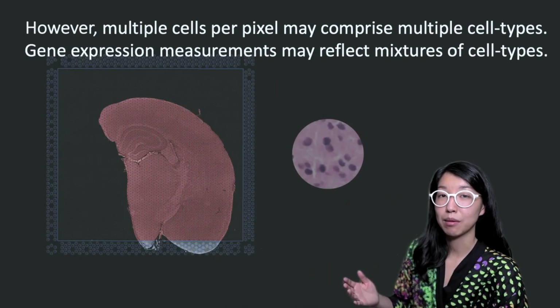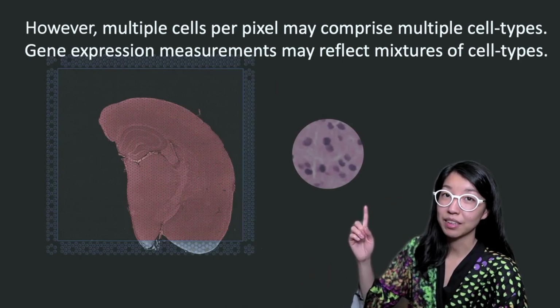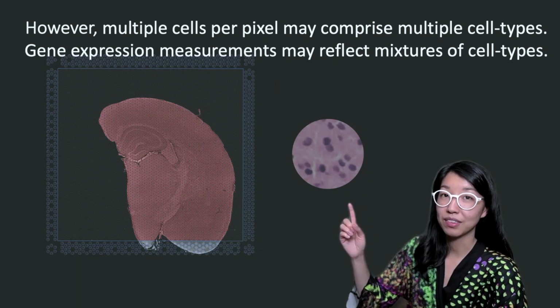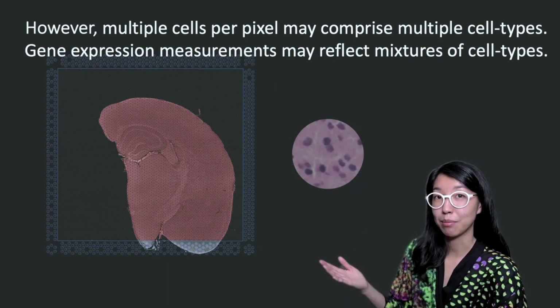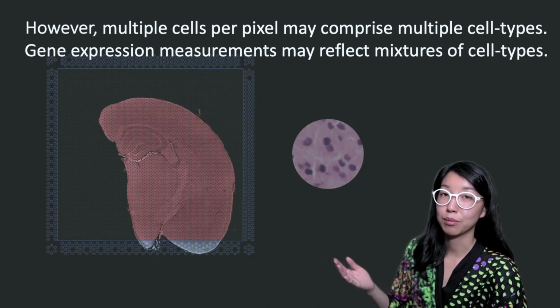However, it's worth keeping in mind that each spatially resolved pixel may contain multiple cells, and as a result, these cells may comprise multiple cell types. Therefore, the gene expression measurements we observe may be a reflection of these cell type mixtures.